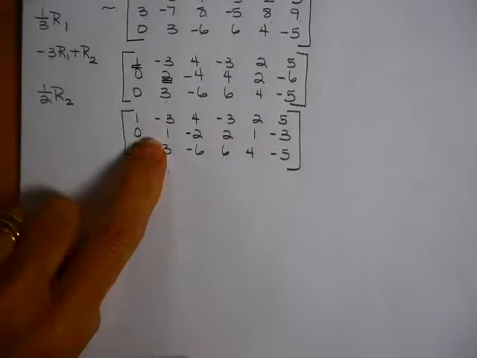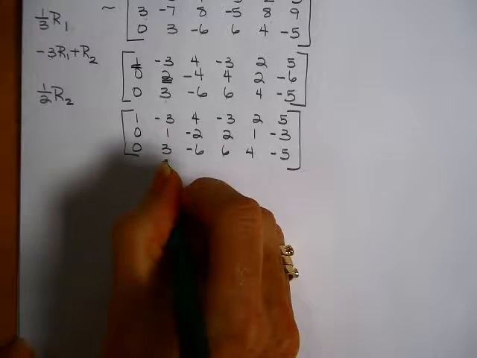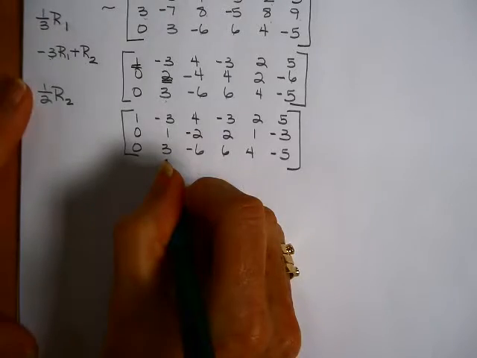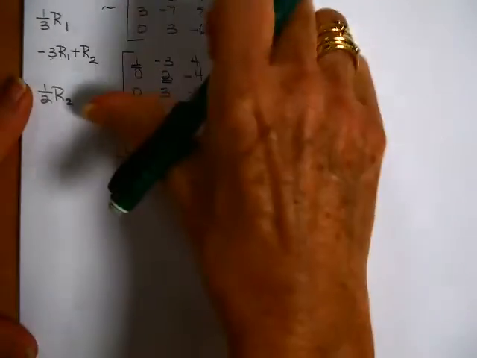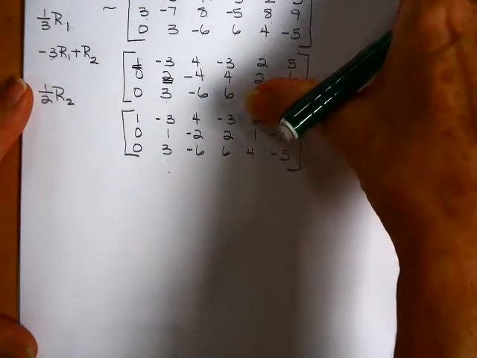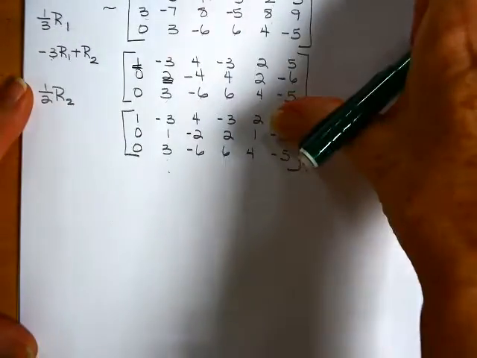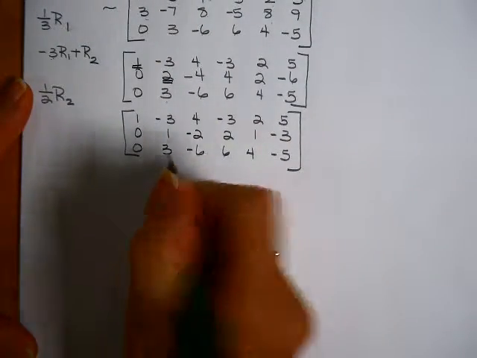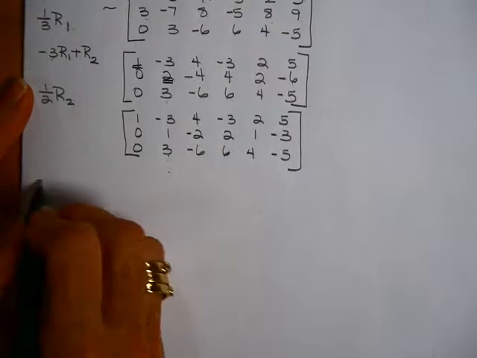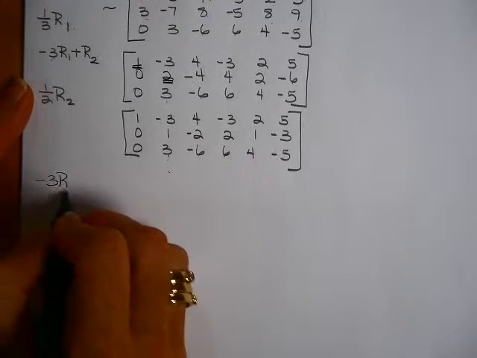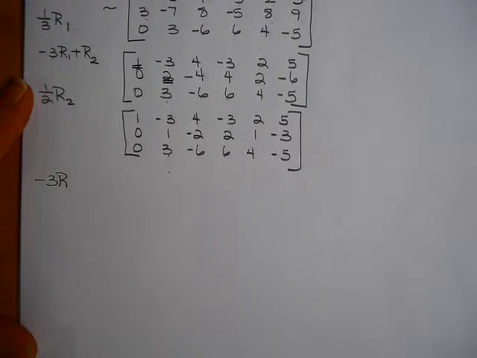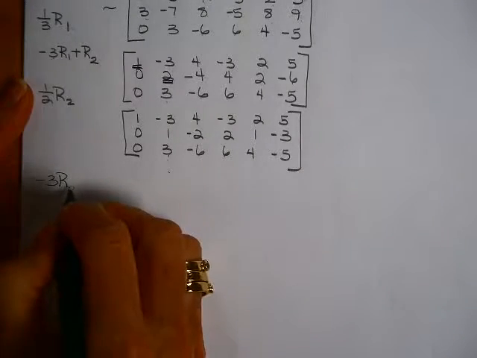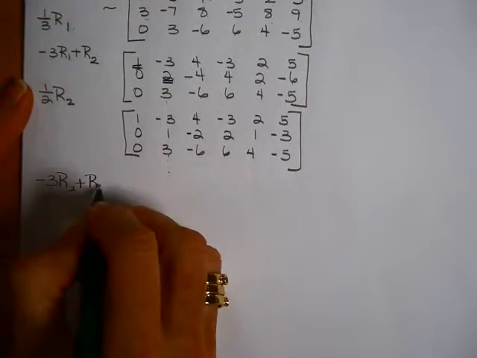So pivot, pivot. I need to get rid of the 3. So you ignore the first row. Ignore it. You're dealing with the second row and that number right there. So I need to multiply -3 times row 2 and add it to row 3.